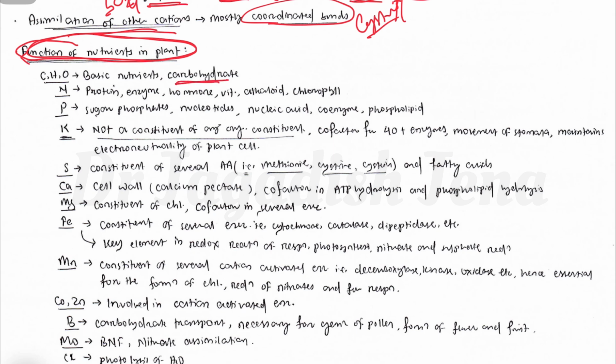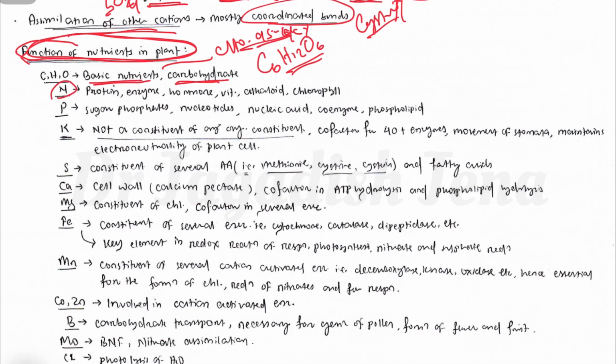After photosynthesis, what we get also consists of CHO, C6H12O6, that is the glucose molecule, and this is the first product of photosynthesis. This is the basic structural element. So in the plant dry matter as well, the CHO concentration is around 95 to 96%. These are basic nutrients.